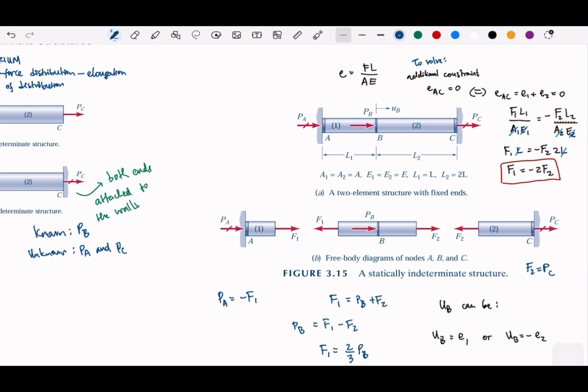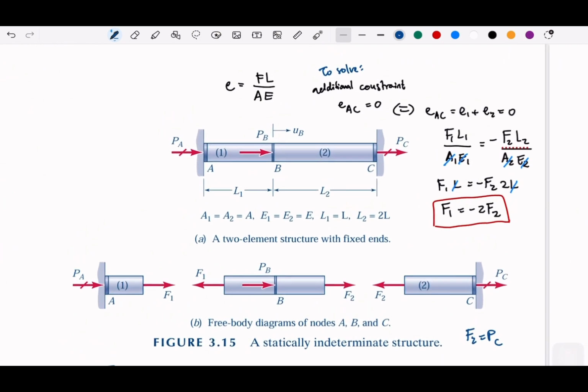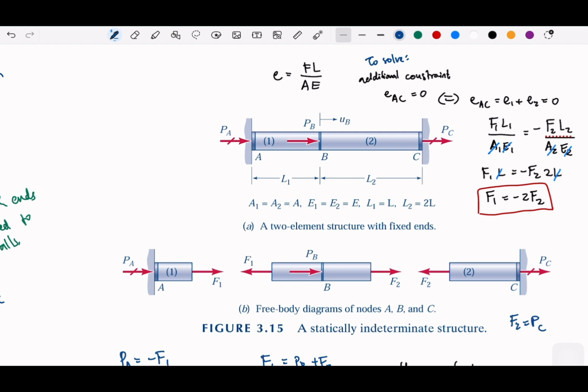To solve this structure, because we wouldn't know what the reaction forces on each of the walls, PA and PC, are, we need one more equation to make all the solutions satisfied.